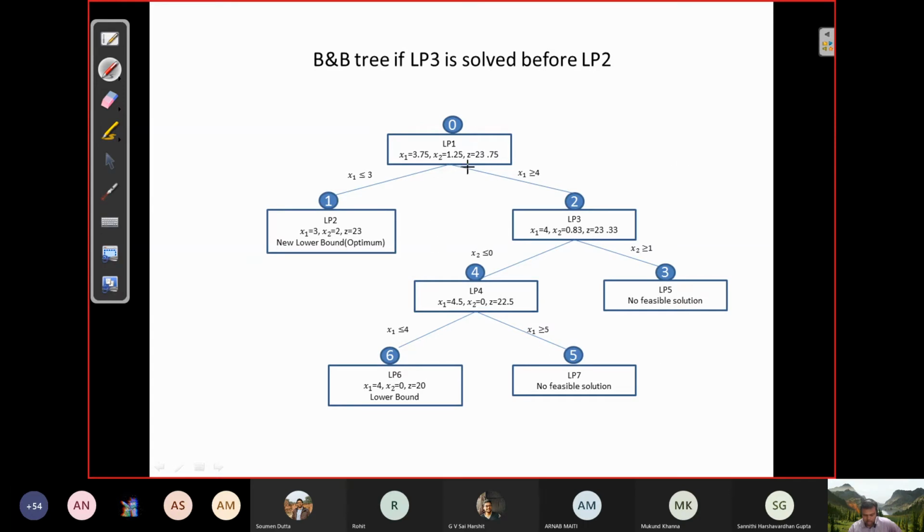So what is happening here? You carefully observe this tree and I'll ask someone to explain it. If you have understood the earlier tree, how you create those LPs, how you divide the LPs based on the branching variable, how you fathom the nodes using integer feasibility, bounding and infeasibility, and how you update the lower bound and the upper bound, and when do you converge, that means when do you declare that the optimal solution is reached?